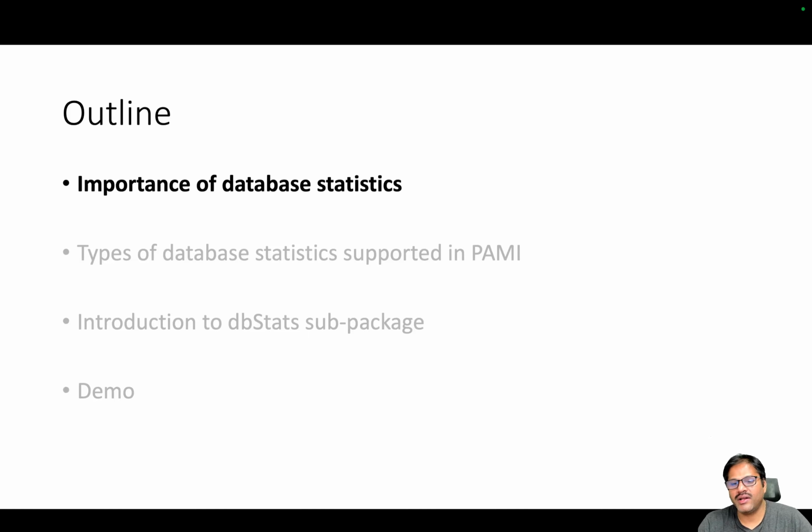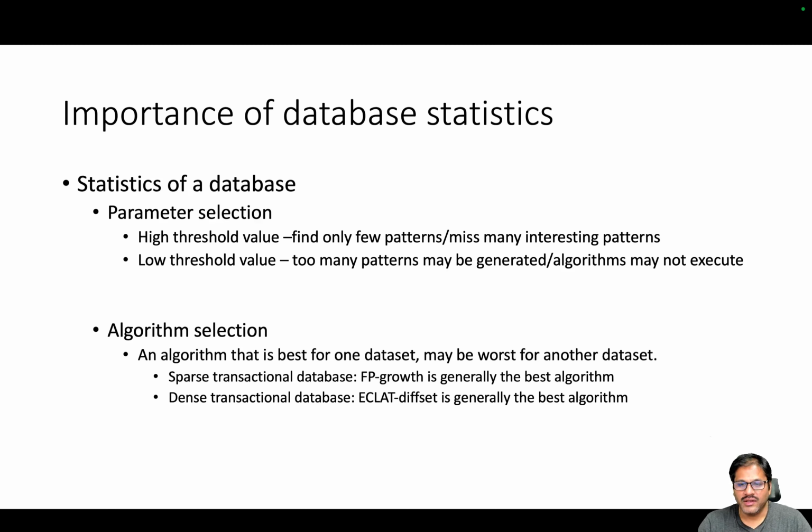Coming to the importance of database statistics, every data scientist, before executing any machine learning algorithm, must first understand the statistics of a database. The reason is the statistics of a database play a crucial role in parameter selection and algorithmic selection.